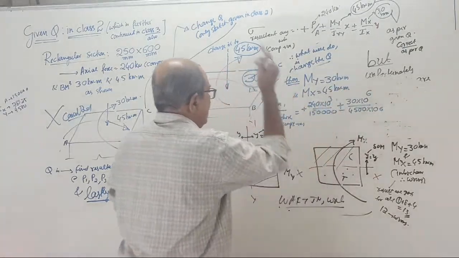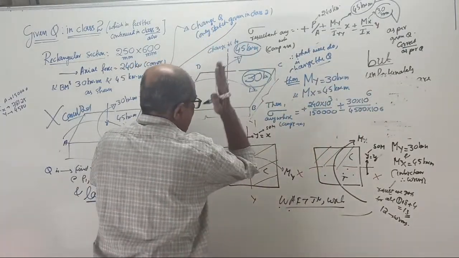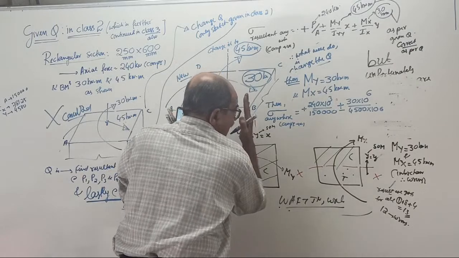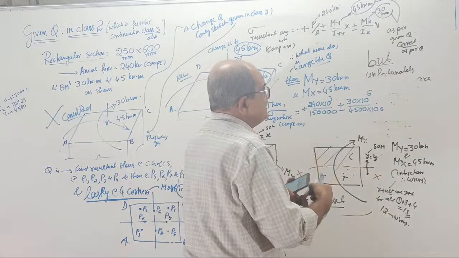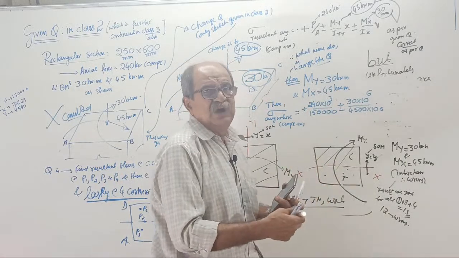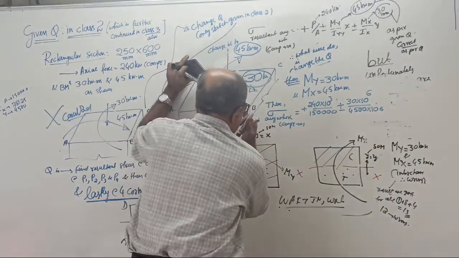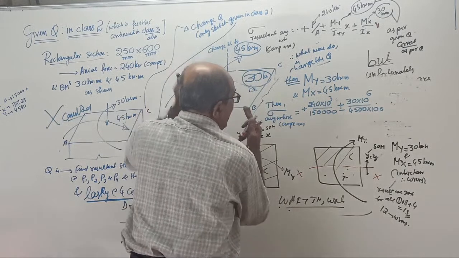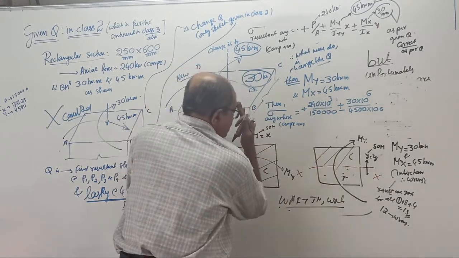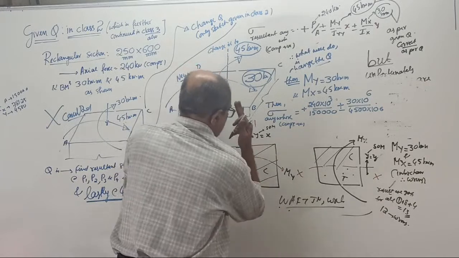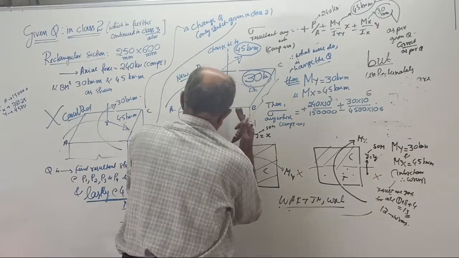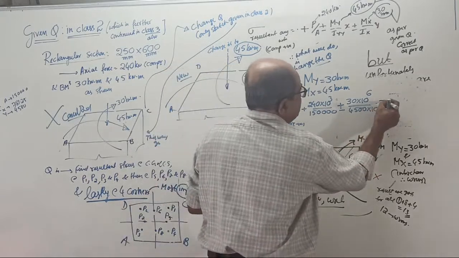M about Y by I about Y into what distance? X or Y? From this axis into what distance? Into X distance.